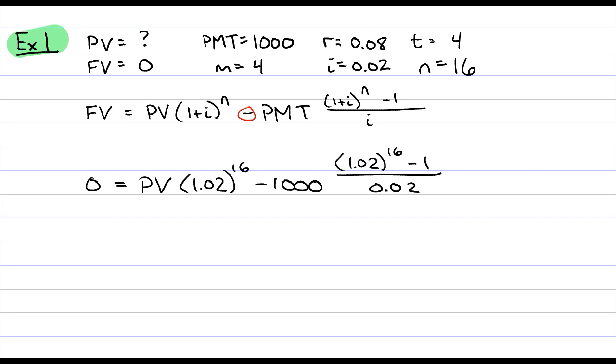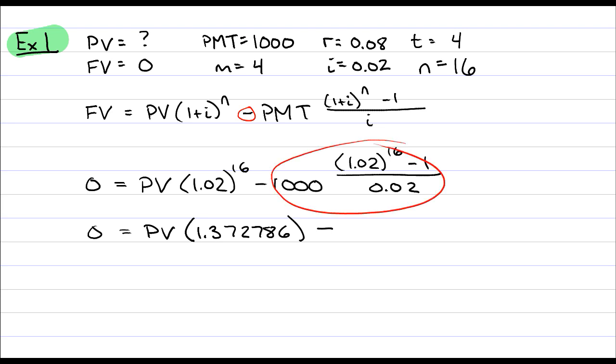Doing some calculations here, we get that 0 is equal to PV times 1.372786 minus, now I'm going to calculate all of this, and then if I do that, I'm going to get 18,639.28525.